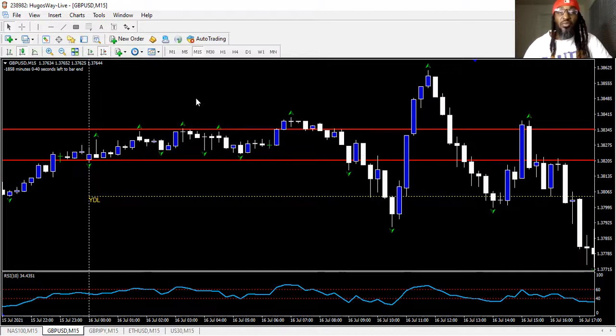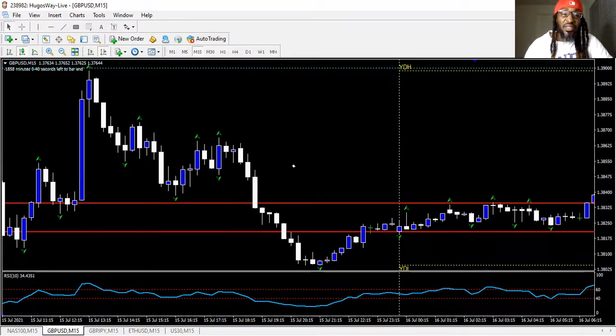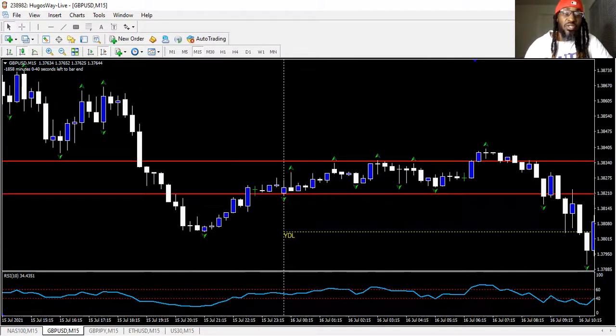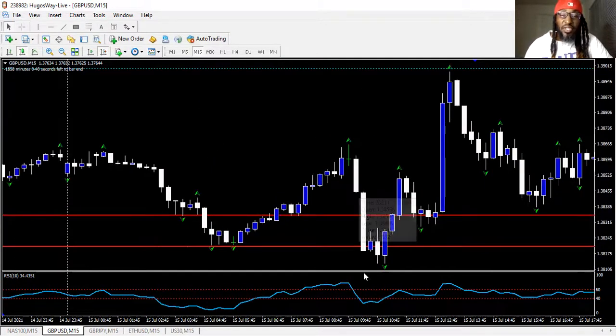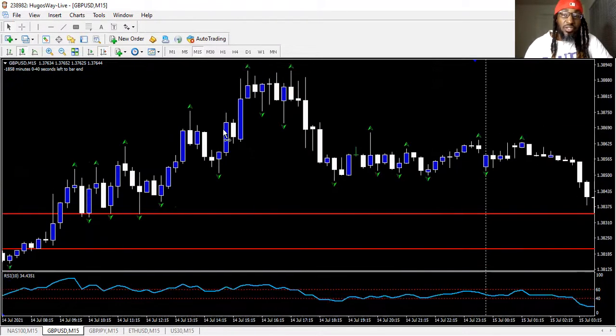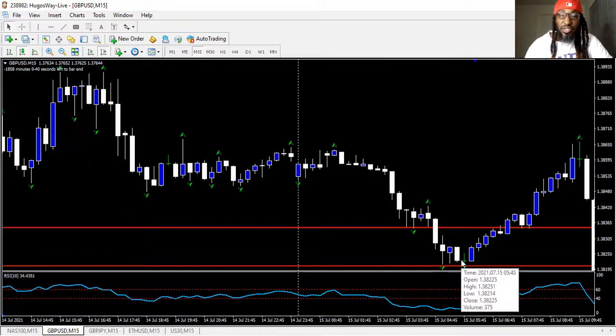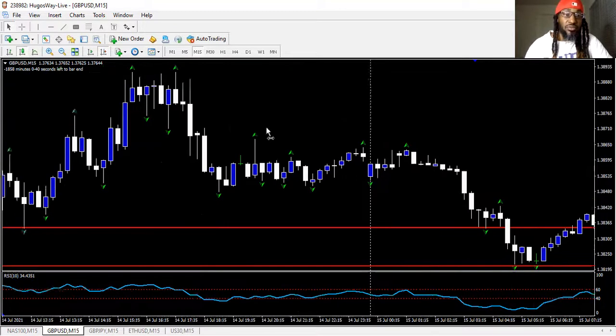Because of what I was taught by my mentor: I go and look in the past and see if I had runs coming through my zone. As you clearly can see, yesterday there was a run straight through this zone. You just continue to go in the past, a big engulfing straight to the zone, all the way to that low, running through that zone again and again.